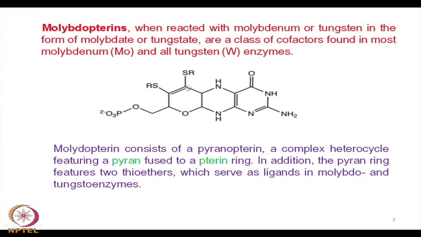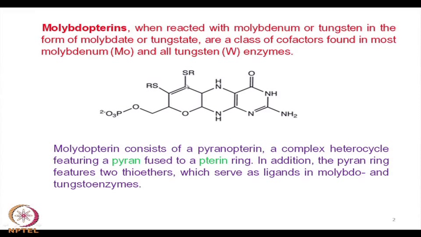This particular part is suitable, this S and the other S. Sometimes it is very difficult to identify what these R groups are, whether hydrogens or some alkyl group. But the positioning of these two sulfur atoms immediately tells us that this can behave as a very good bidentate ligand, like the oxomolybdenum acetylacetonate compound.